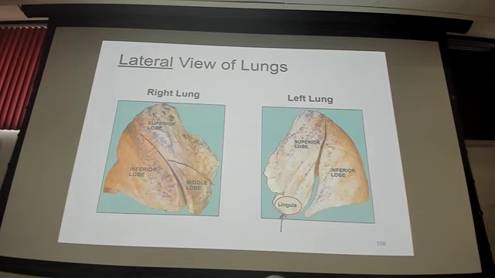You see the consolidation best on the lateral chest x-ray, just based on where it physically is in the anatomy. So if somebody has consolidation in that right middle lobe, that's the best view to see it. That's why you always like to get a PA, posterior-anterior, and lateral chest x-ray, so you can see all of the stuff, right?